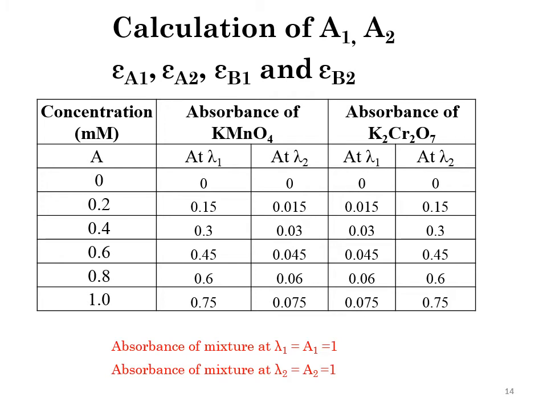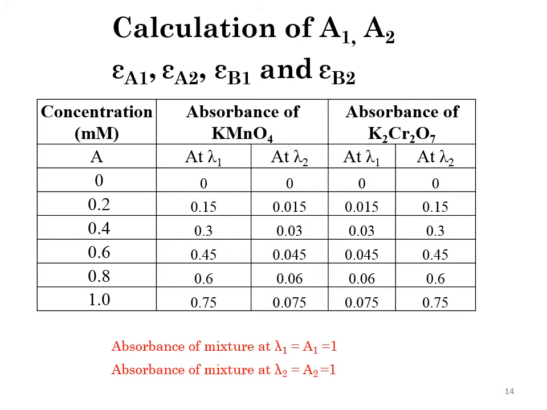Once the solutions with the concentrations 0.2, 0.4, 0.6, 0.8 and 1 millimolar are prepared, these will be the individual solutions of KMnO4 and K2Cr2O7. It means the solutions will be prepared separately. These are not mixtures of the solutions.